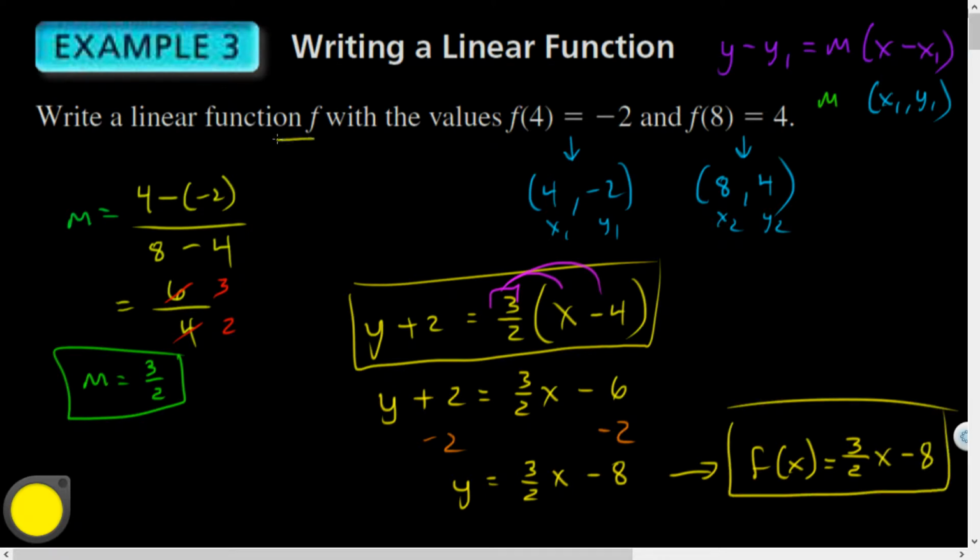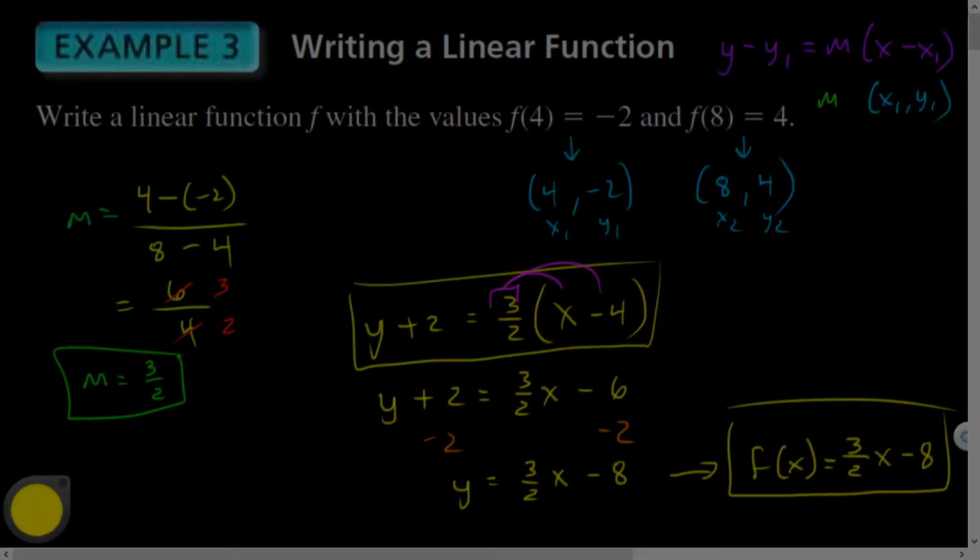Because they were referring to it as function f the whole time. Well, it's a function in terms of x. Just like y is a function in terms of x. x is the input, y is the output. It's another name for it. It's another way of writing it. Good stuff.